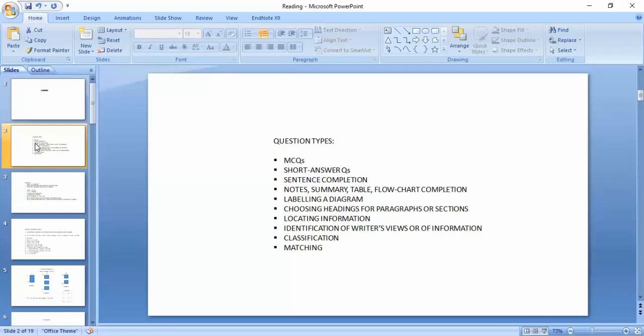That means you have to identify the writer's attitudes or opinions on the given topic. And similarly, there are questions related to classification, where you have to classify the items, or matching, where you have to find a suitable pair of the given question words.